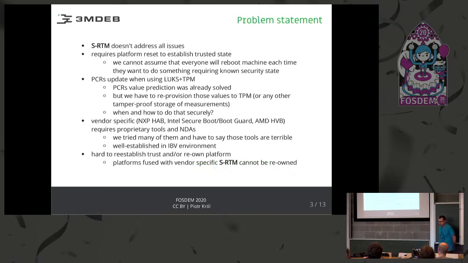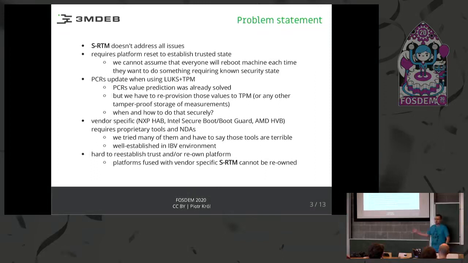So just to quickly start, what's the problem? I assume everyone knows what static root of trust for measurement is and what dynamic root of trust for measurement is. But just to tell what's the problem with static root of trust and why we need dynamic root of trust. First of all, with static root of trust, to establish trust state on the platform, we need to boot the platform.